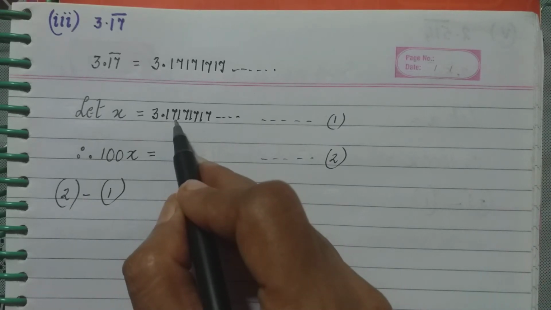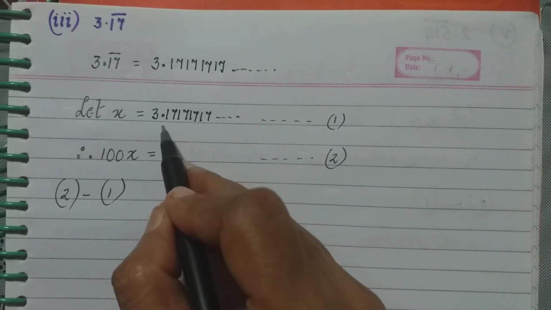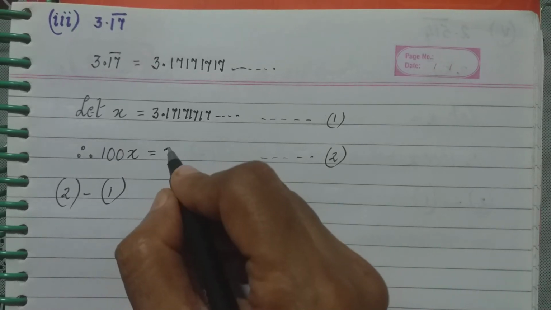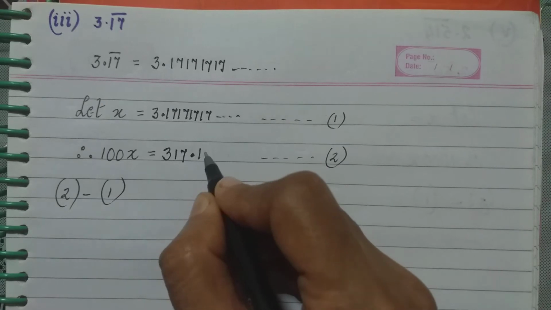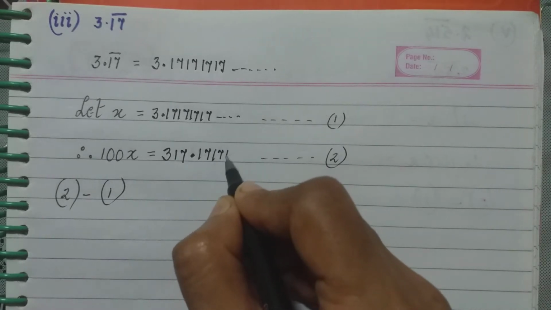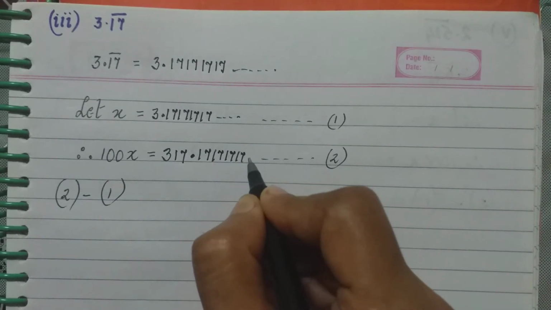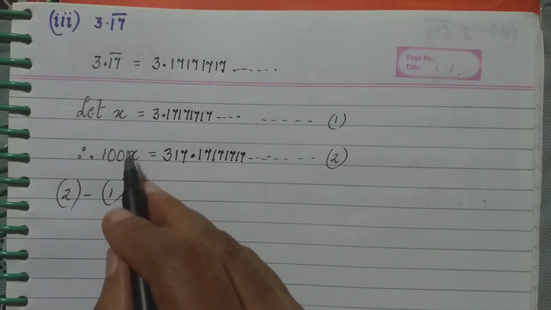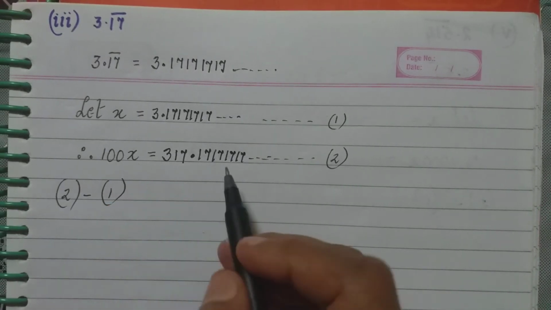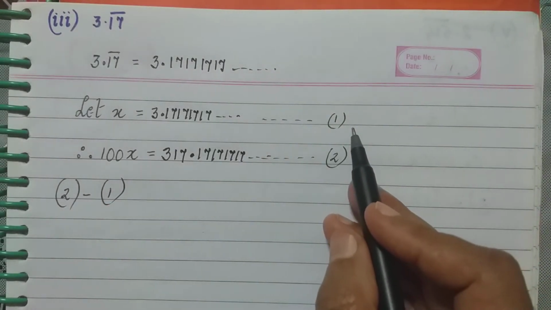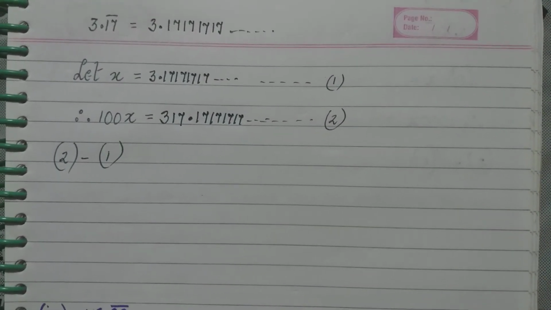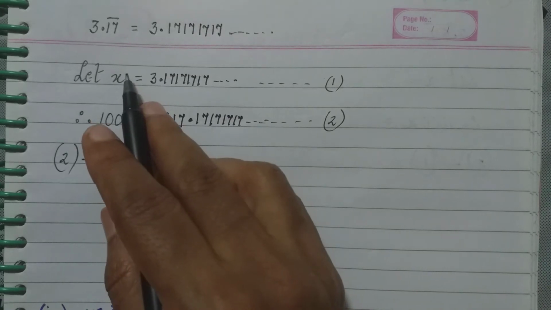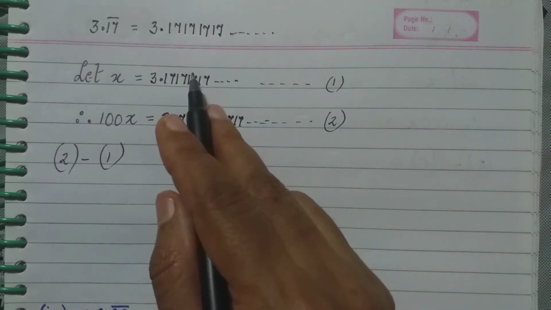So what happens before the decimal point? We get 317. And after the decimal point, you continue having 17171717 onwards. Okay, so we have got x and 100x. Now this is numbered as 1, this is numbered as 2. We are subtracting 2 minus 1, left hand side minus left hand side, right hand side minus right hand side.